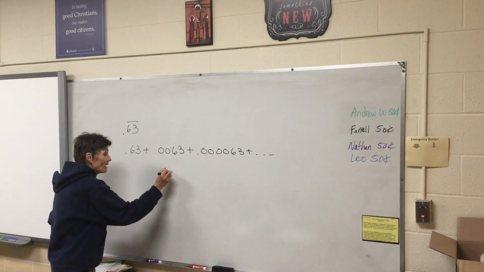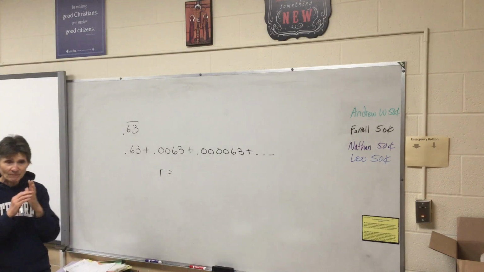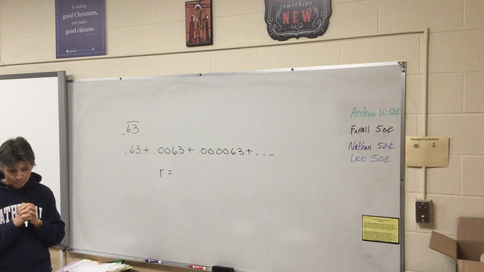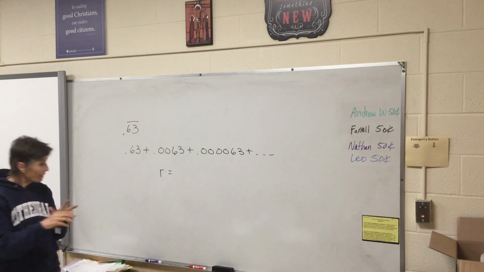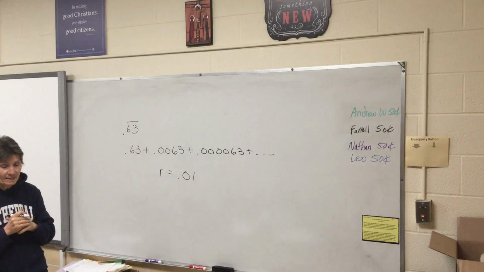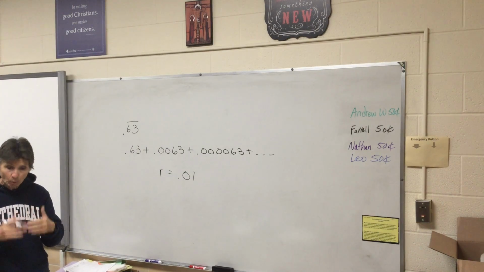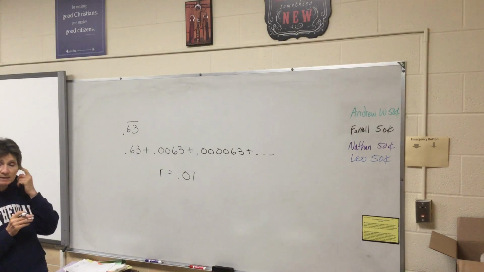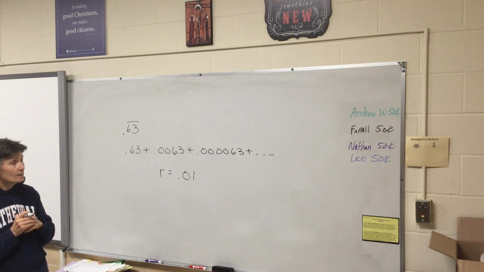What will that make my ratio this time if I am moving it 2 decimal places? 0.01. Yep. So when I moved it 1 decimal place, it was 1/10, 0.1. When I'm moving it 2 decimal places, it's 0.01, 1/100th.